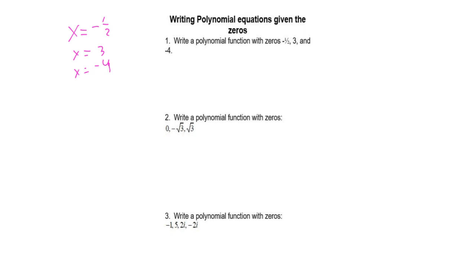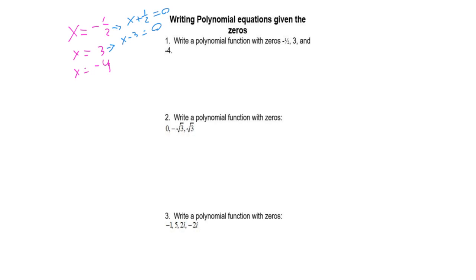Now we need to put these in the format of x plus or minus some value. Well, x minus 1/2, that's going to become x plus 1/2. Remember, ultimately, these must equal 0. X equals 3, that's going to become x minus 3 equals 0.